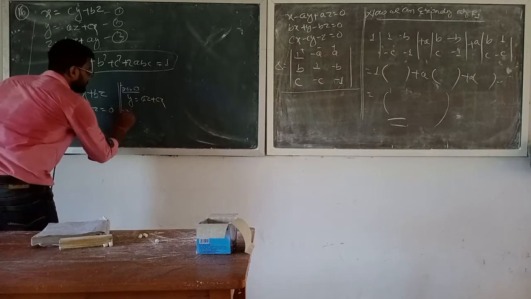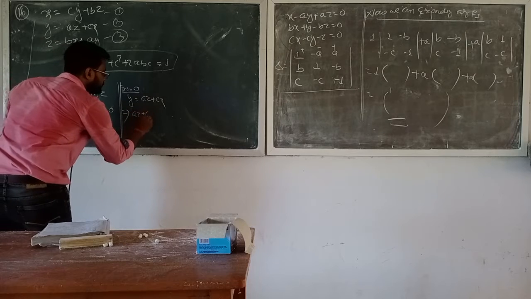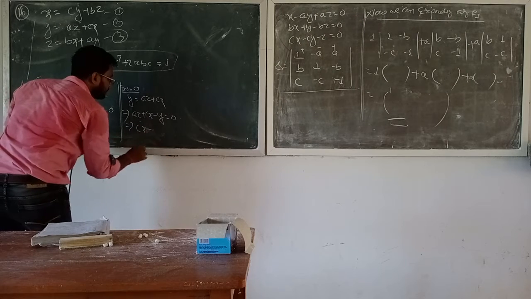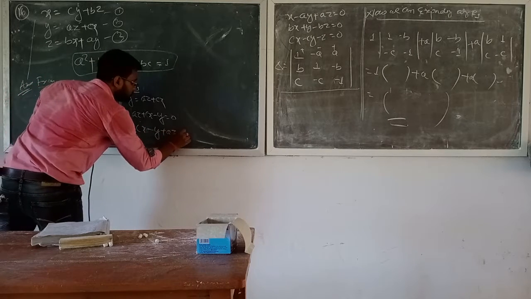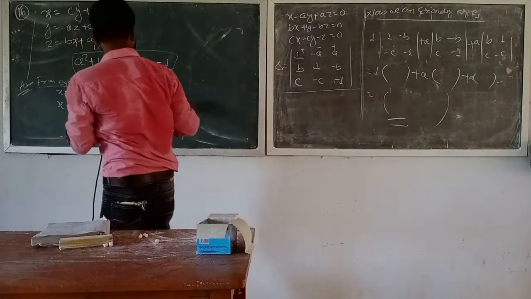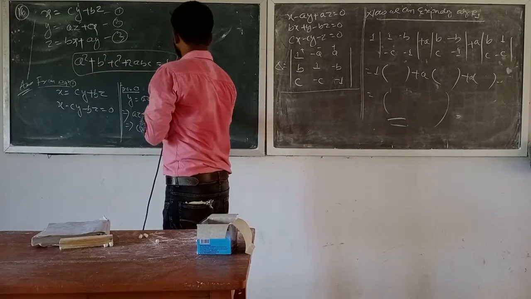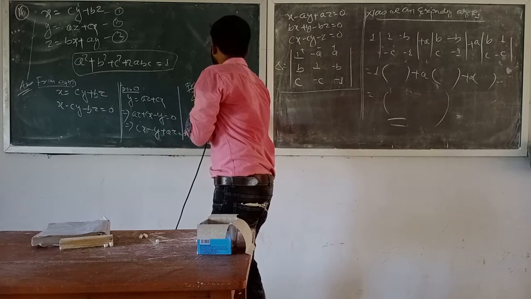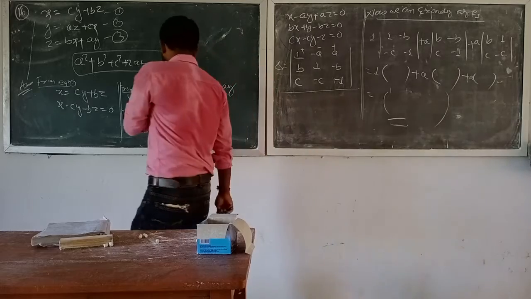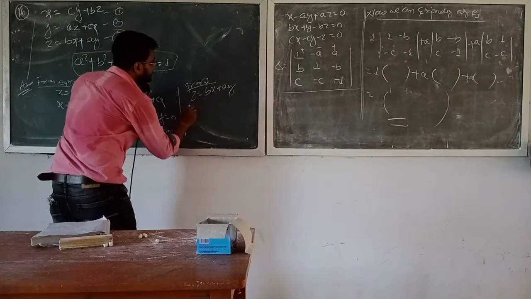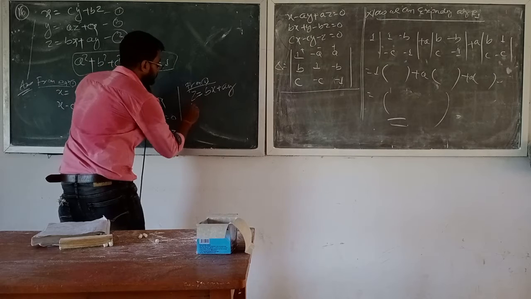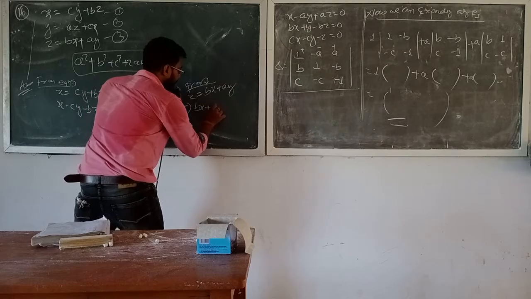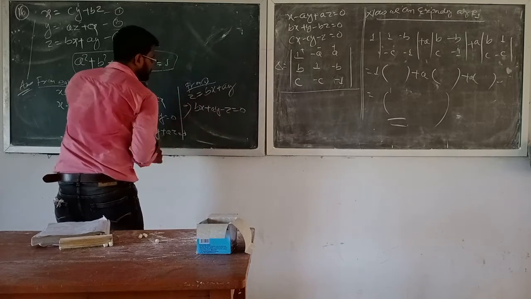Taking one side, cx minus y plus az is equal to 0. And the third equation is from equation 3, that is z equal to bx plus ay. Simplifying, it is bx plus ay minus z equal to 0.